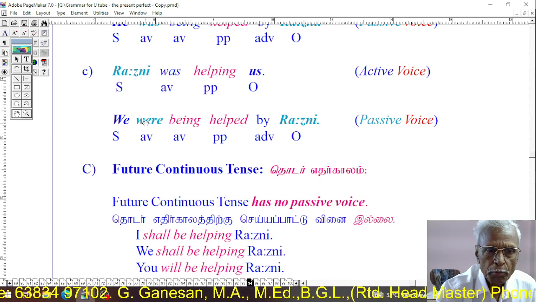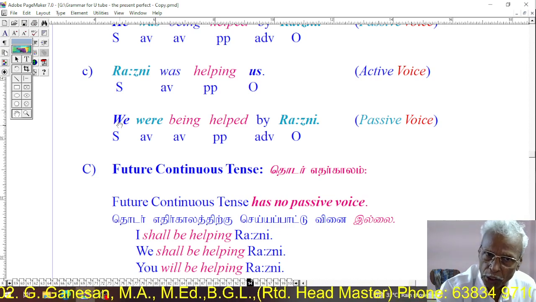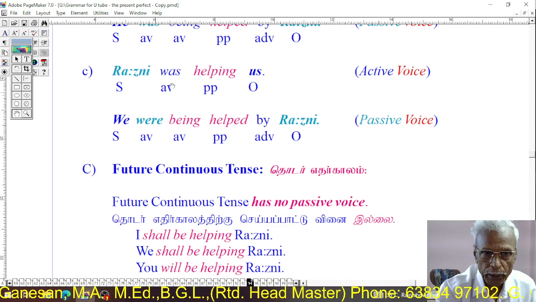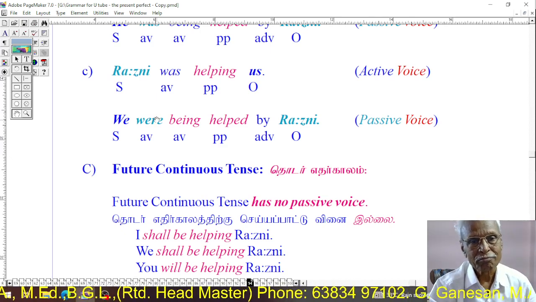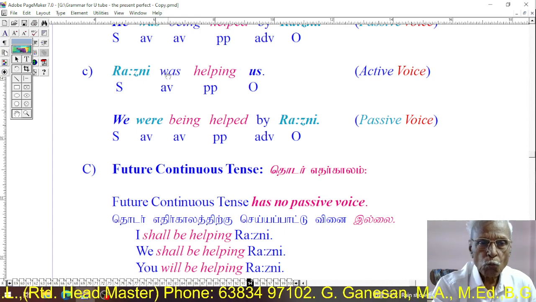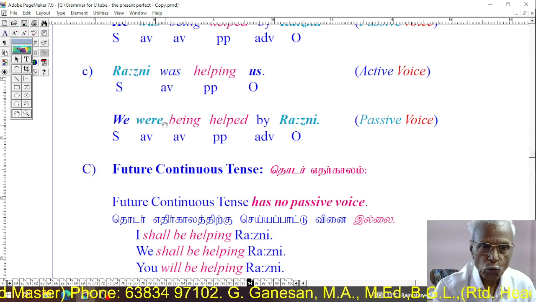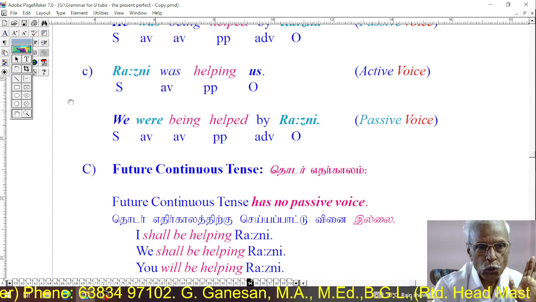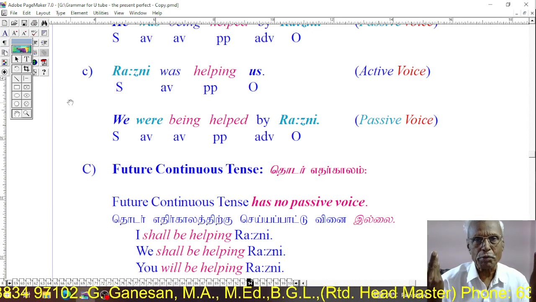Then using the be verb, as the subject is we, here we have used were. This was has been changed into were. In the active sentence the subject is Rani, so was has been used. In the passive the subject is plural, so were has been used. That's all. So Rani was helping us becomes we were being helped by Rani. Active into passive. That's all.